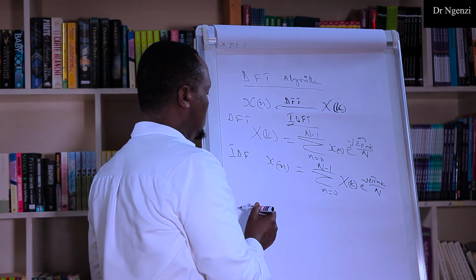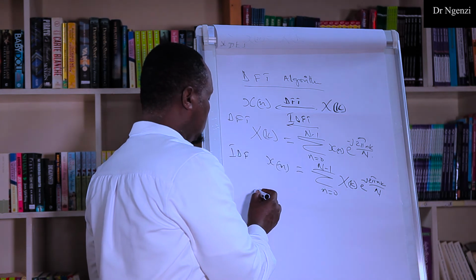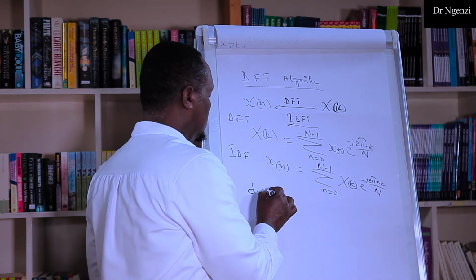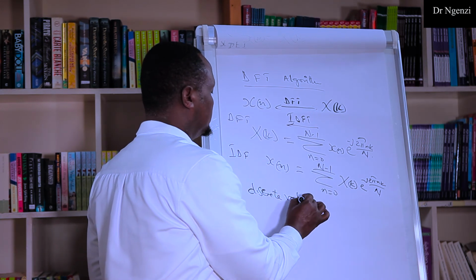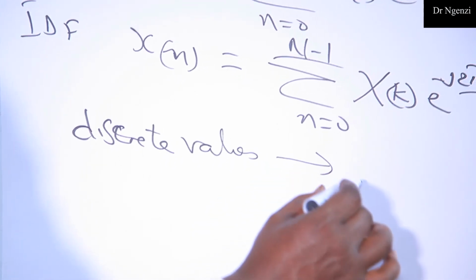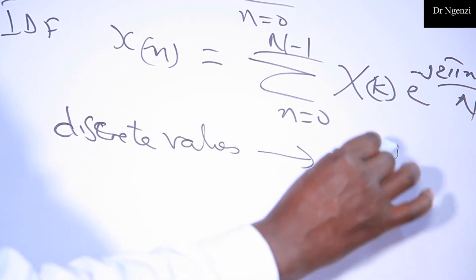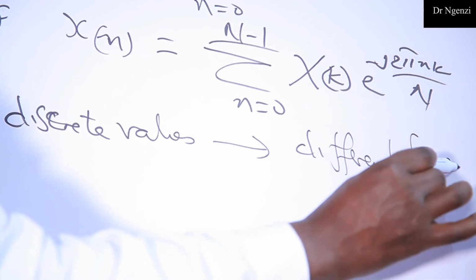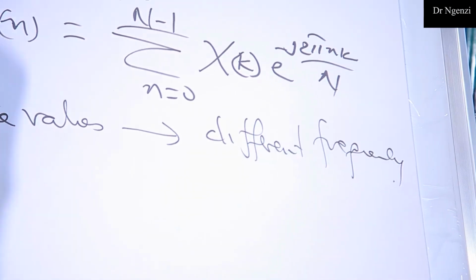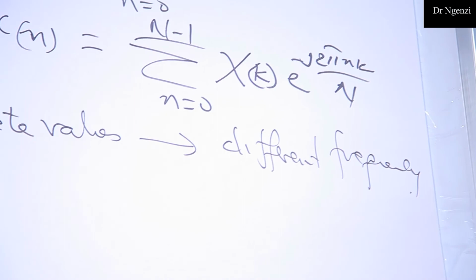As you can see in the formula, you have discrete values, and then you want to get the different frequencies. This is the essence of having this algorithm.